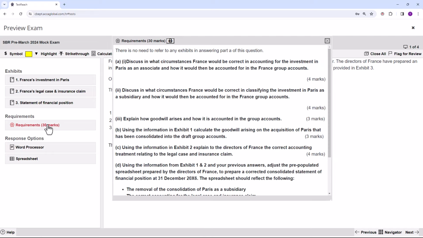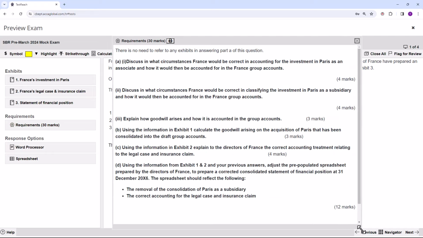You now need to open up the requirements and have a very brief skim read of the requirements. Now, you're told that in answering part A of the question, you don't need to read the exhibits. Well, let's do what we're told then, shall we? Let's not faff around by reading too much information and getting our heads full.